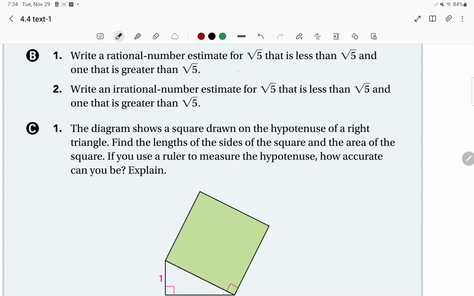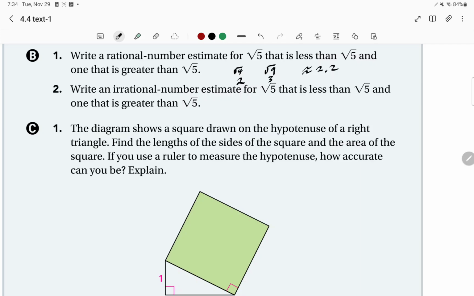Okay, so you know the square root of 5 is between the square root of 4 and the square root of 9. Square root of 4 is 2, square root of 9 is 3. So a good approximation is going to be about 2.1 or 2.2, between 2.1 and 2.2, something like that. And so the first one says write a rational number estimate.